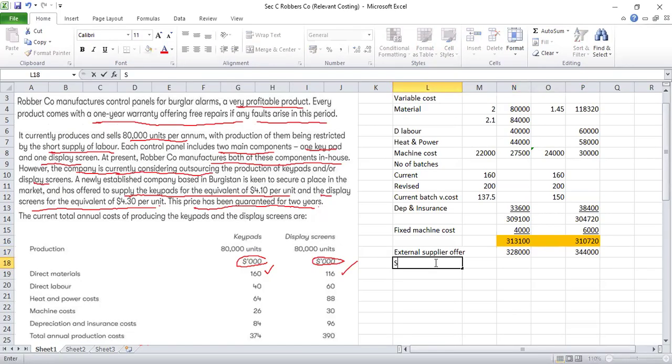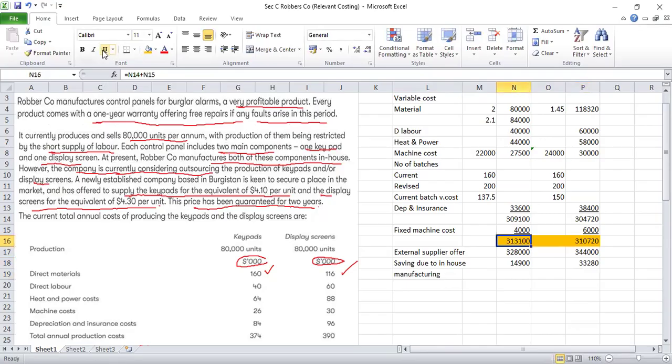So the saving due to in-house manufacturing, you can calculate: this minus this amount, and this minus this amount. So what will we go for?